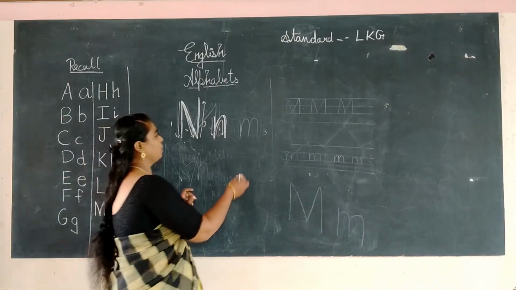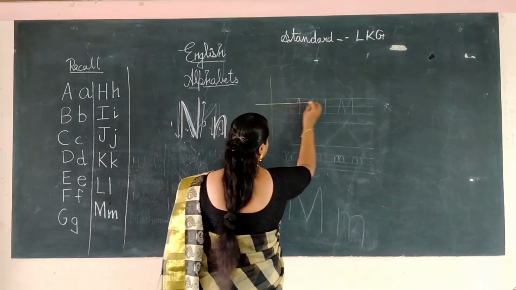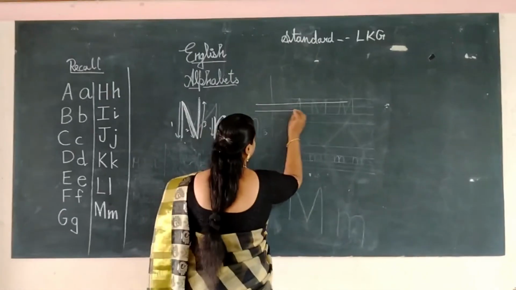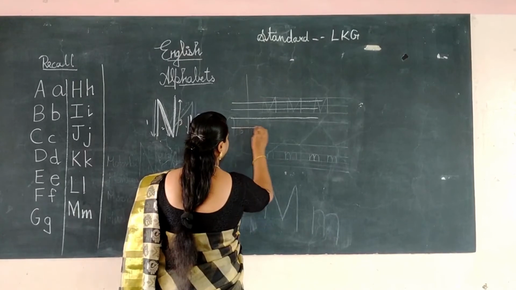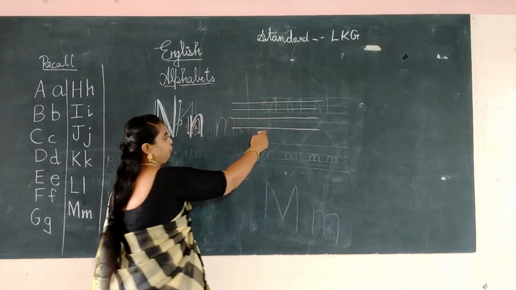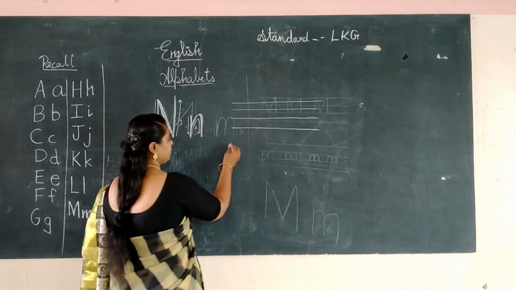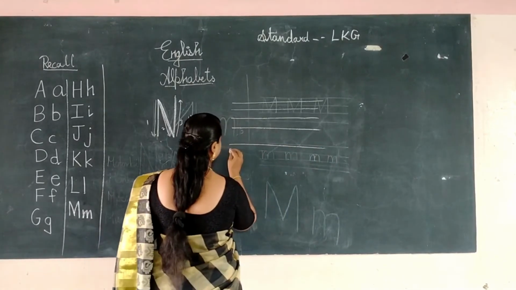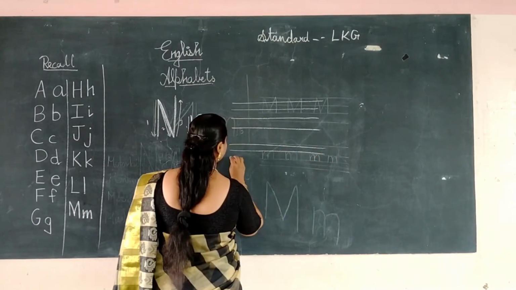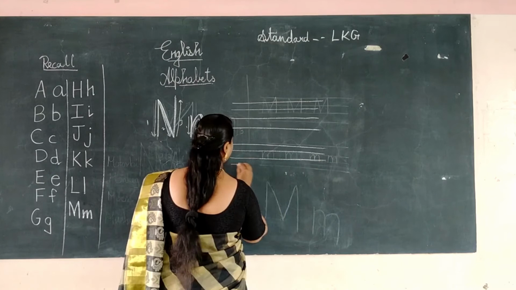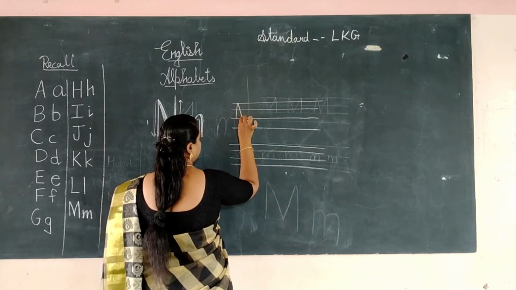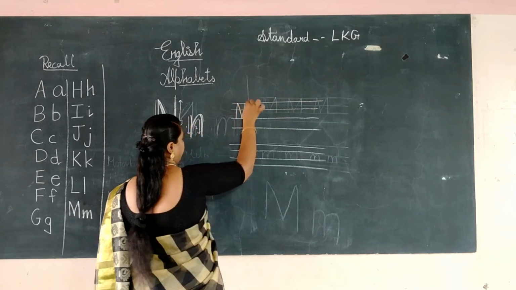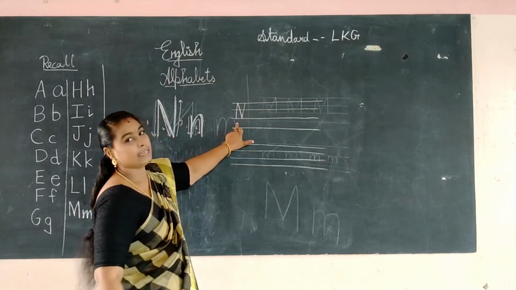Now let me see how we want to write the letter N in the 4-line notebook. In your book you have 4 lines like this. Capital N. What is this?